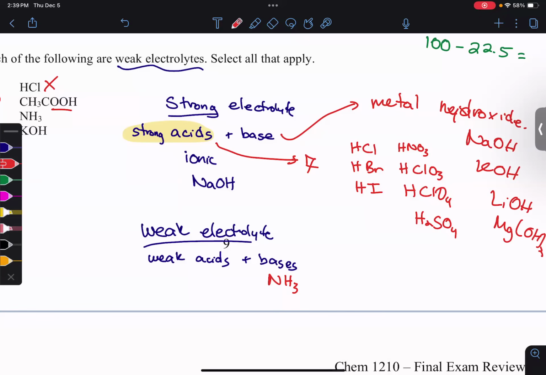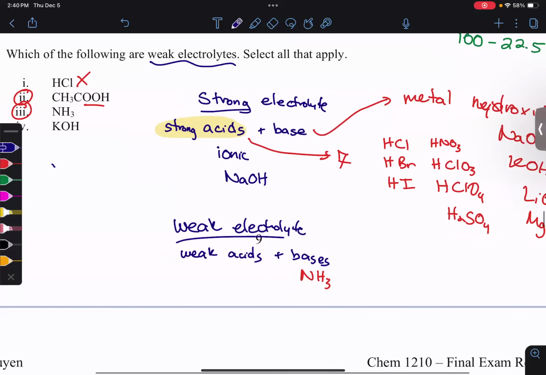How do I know they're a base? They literally have a hydroxide in them. But do not confuse them with this, CH3OH. Is that a base? No, that is an alcohol. So this is actually a non-electrolyte, all right? Do not think that that OH means it's a base. That is an alcohol group, not a hydroxide.